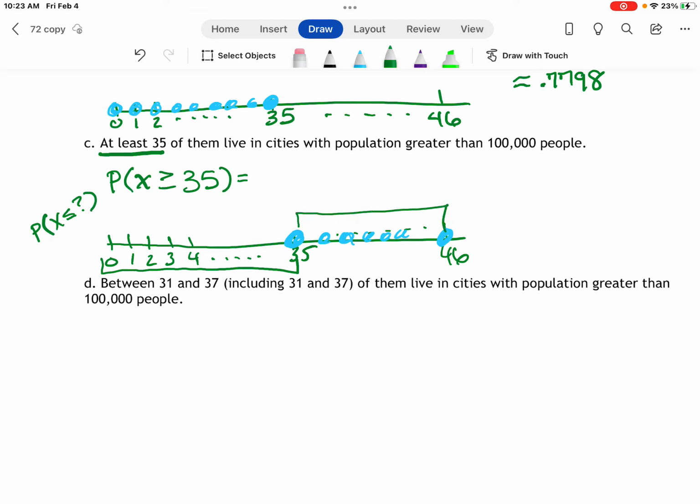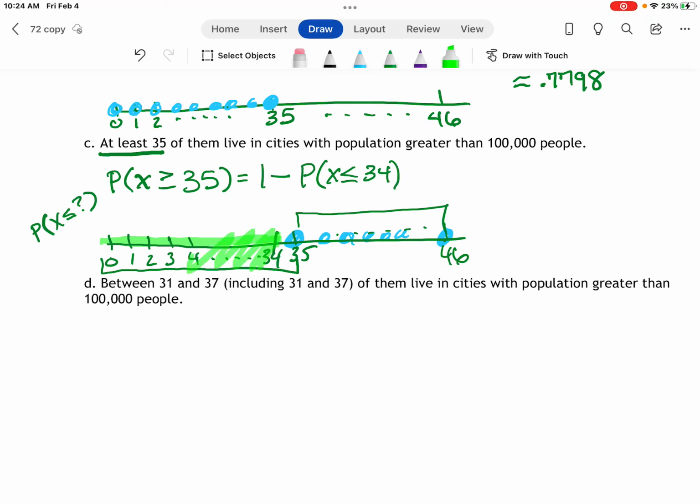So we need to rearrange this in a way that we can calculate it. I want to find these values, which means I am going to subtract all of these off from 100%, or 1, and that will leave us with 35 to 46. So I'm going to subtract everything from 0 to 34 off of 1. So I'm going to take 1 minus the probability of X less than or equal to 34.